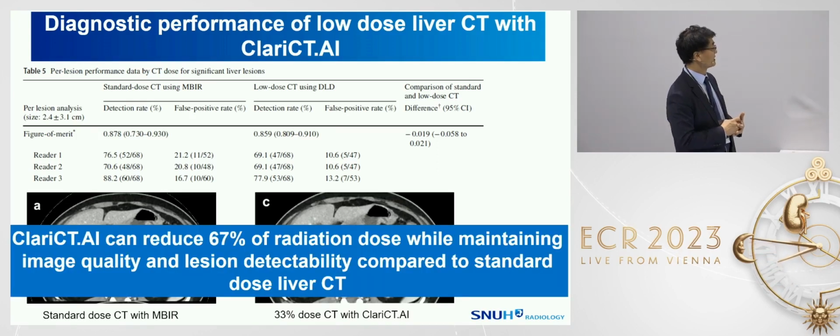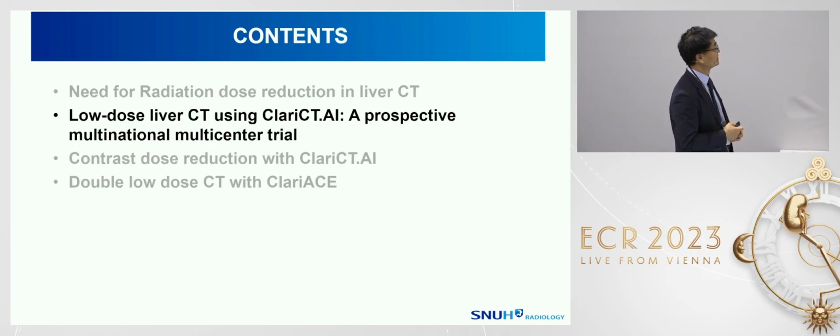So ClariCT.AI can reduce 67% of radiation dose while maintaining image quality. And also we did a lesion detection comparison study, and the result was non-inferior. So lesion detectability was maintained.